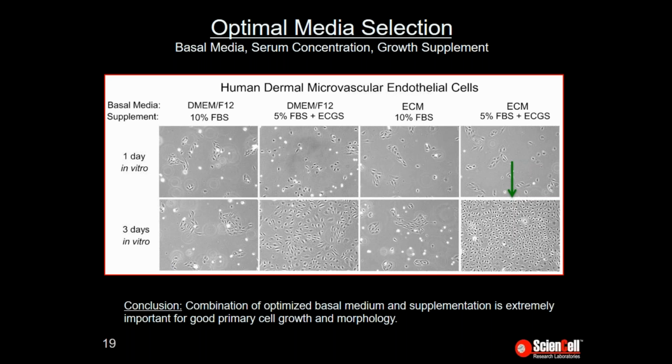We also performed the same experiment with large vessel endothelial cells and saw a similar result. Overall, this indicates that the combination of optimized basal medium and supplementation is extremely important, and I think this really drives home the point of how specialty media can improve your primary cell cultures.